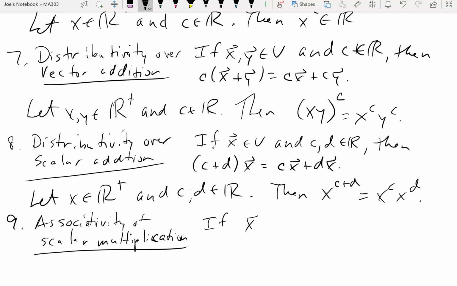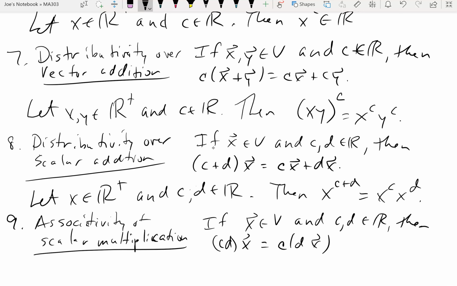So this says that if I have a vector and two scalars, I can do a regrouping idea. Again, just to emphasize, like I emphasized in the previous axiom, what kind of multiplication are we doing here? This is multiplication of two scalars.